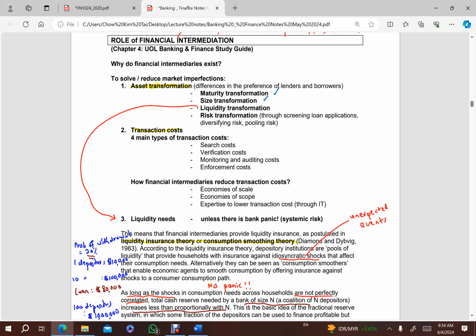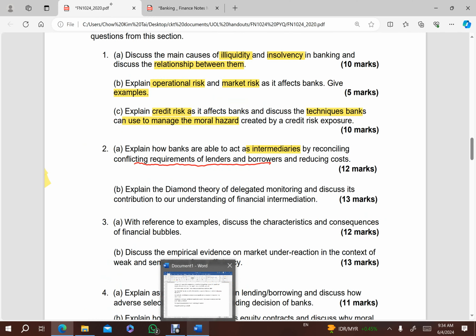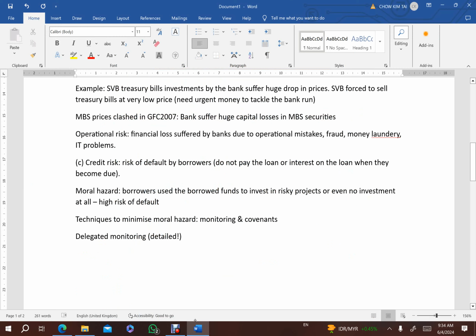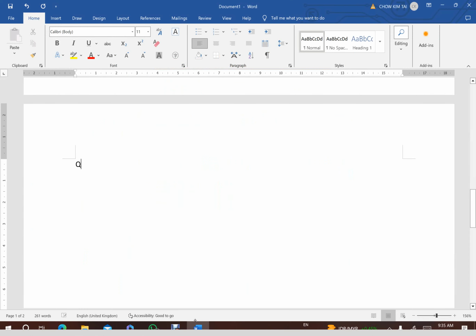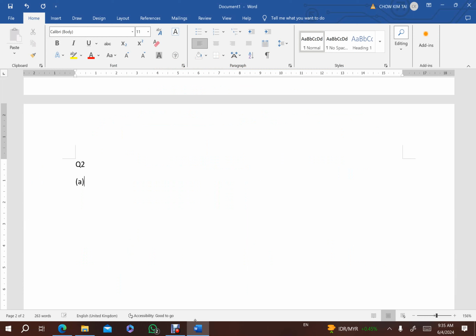So the answer to question 2 part A, I put it here. Functions or roles of financial intermediaries.